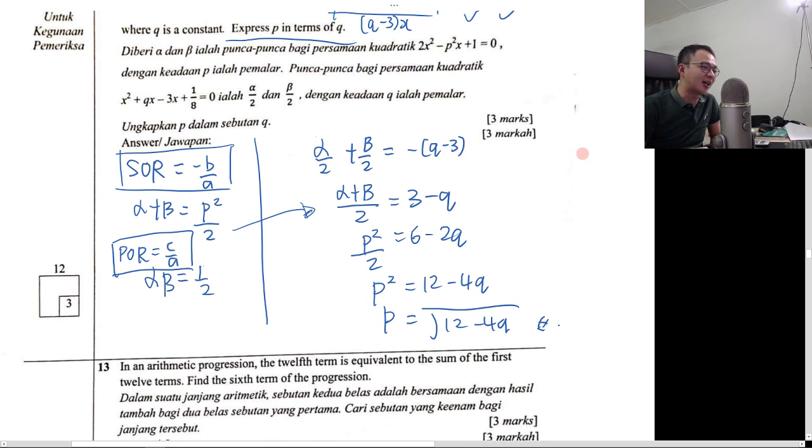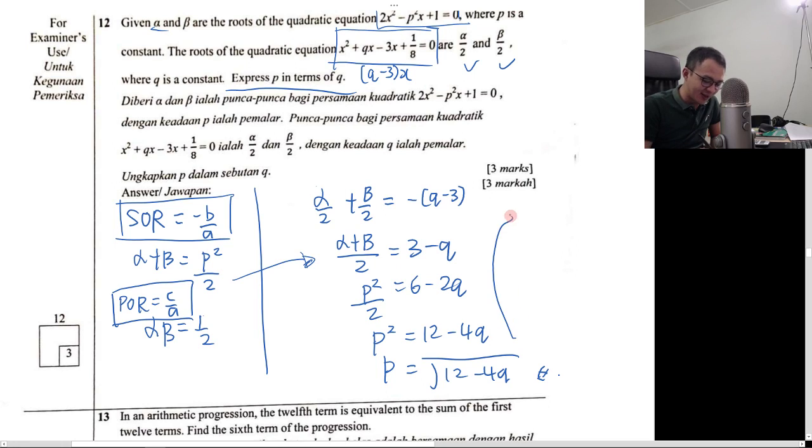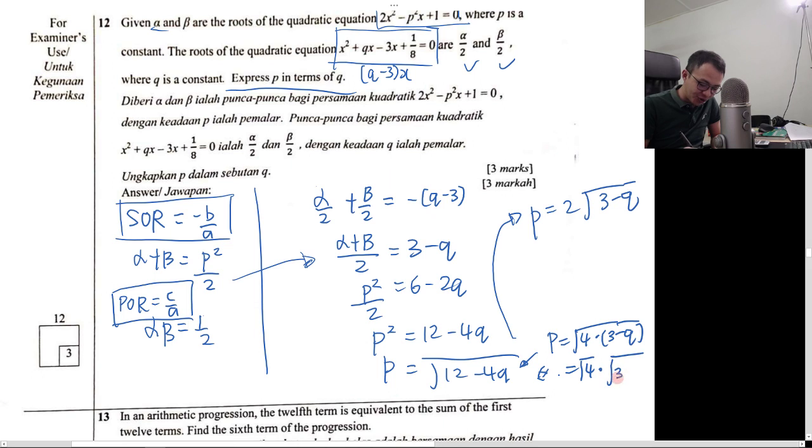Yeah, of course I checked the answer already. The answer actually writes something like p equals to 2 square root 3 minus q. Yeah, it's the same thing. So what the answer does is they just do one more step, which is factorize out the 4 here. They factorize out the 4, then they will get something like this: 4 multiply 3 minus q. And then this one equals to square root 4 multiply square root 3 minus q.